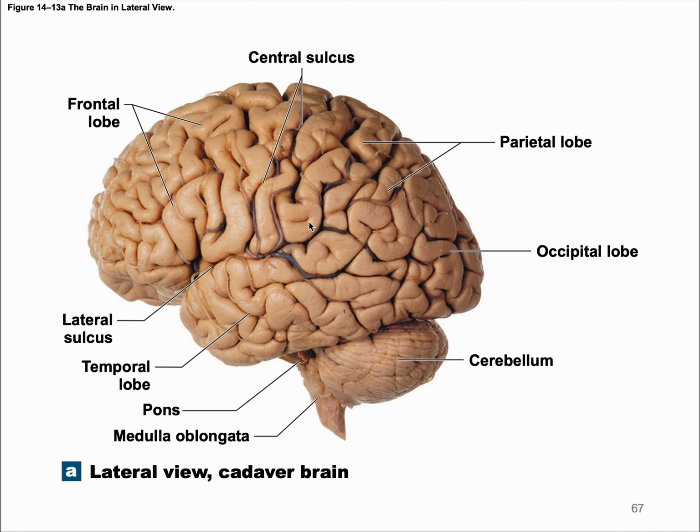Okay, so you'll see the central sulcus. I know it looks disgusting, but it's okay. The central sulcus will divide your frontal and parietal lobes, right? And you'll see the parietal lobe and occipital lobe separated by the parietal occipital sulcus, and the lateral sulcus will divide the temporal lobe from the frontal and parietal lobes.